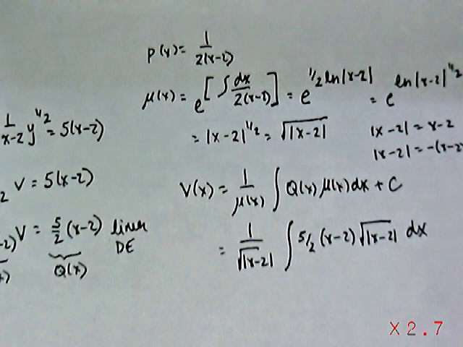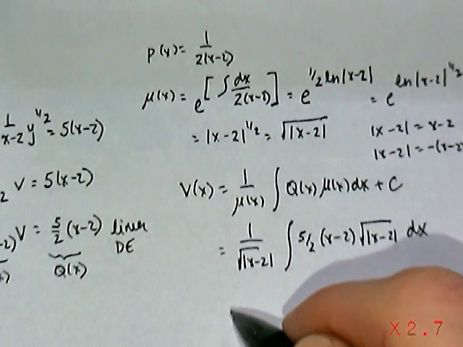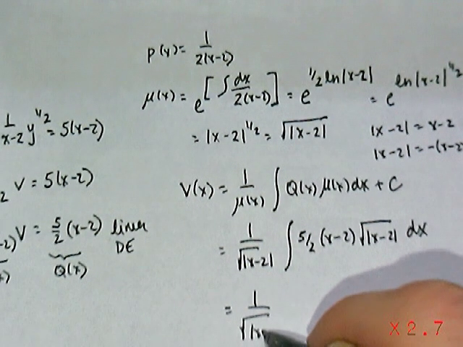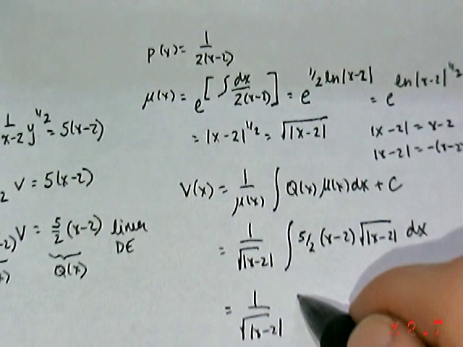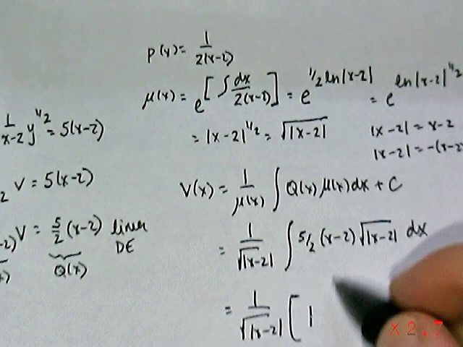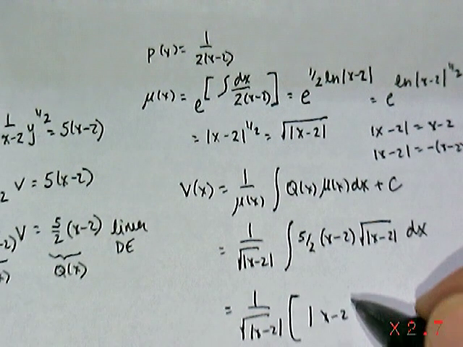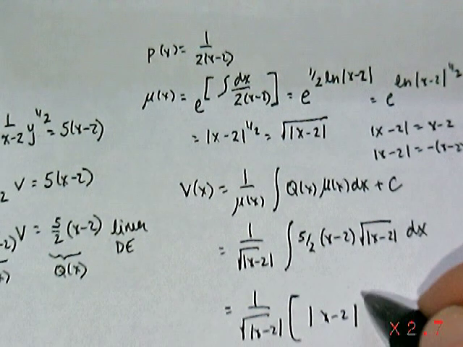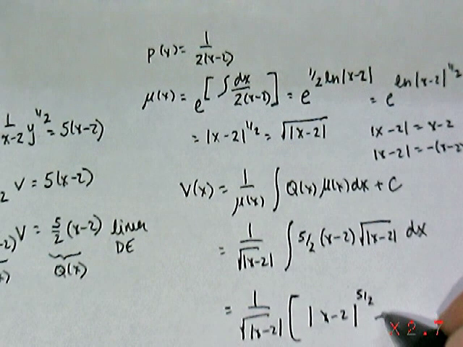And with the integration of that, we end up getting 1 over the square root of the absolute value of x minus 2 times the quantity absolute value of x minus 2 to the 5/2 power plus c.